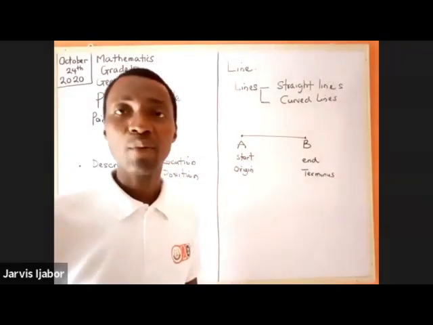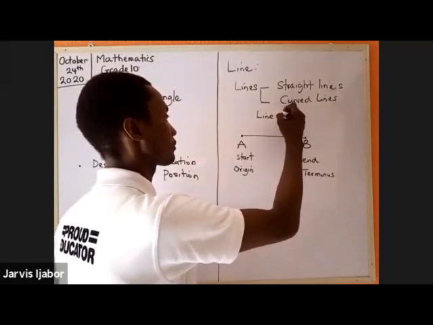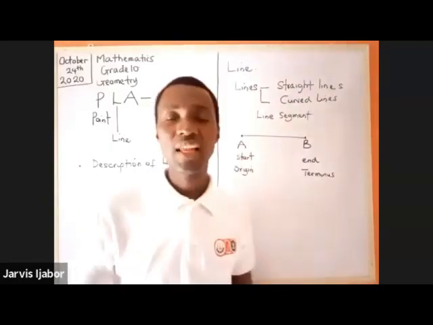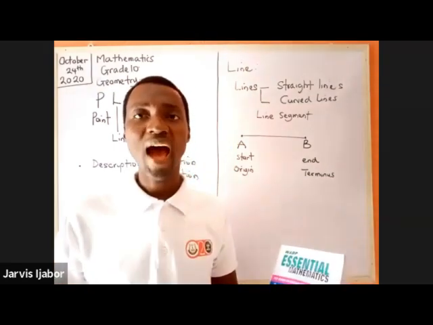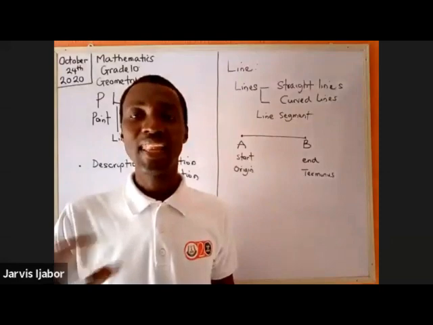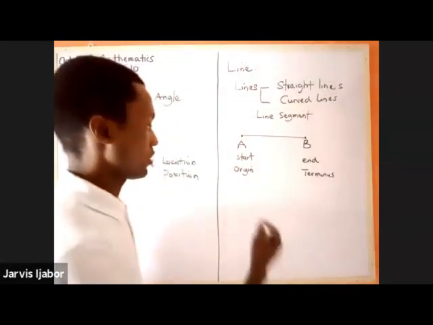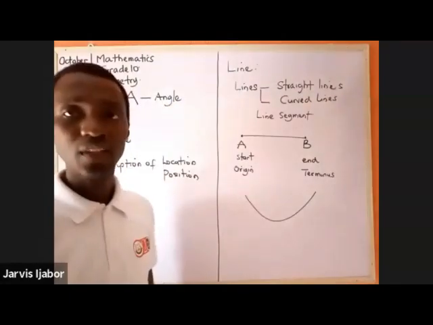Sometimes you hear things like what is called line segments. That is, if the length of the line is known, what we have is called a line segment. There's also what is called curved lines.